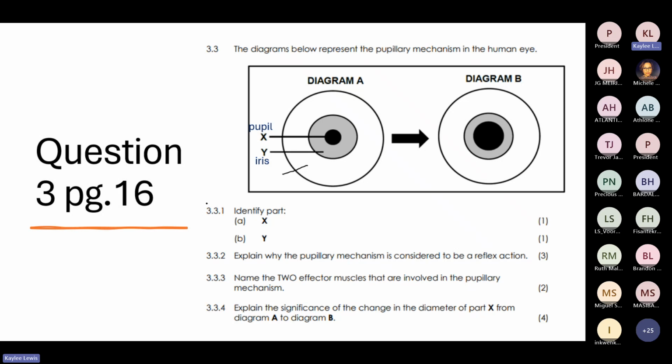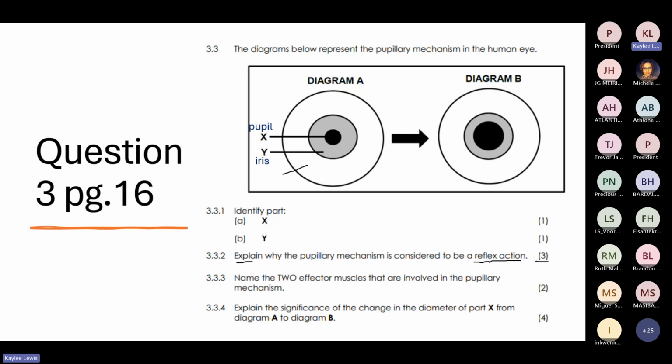So 3.3.1 says, identify part X. So we've identified the pupil, Y is the iris. Then the next question says, explain why the pupillary mechanism is considered to be a reflex action. And that is for 3 marks.